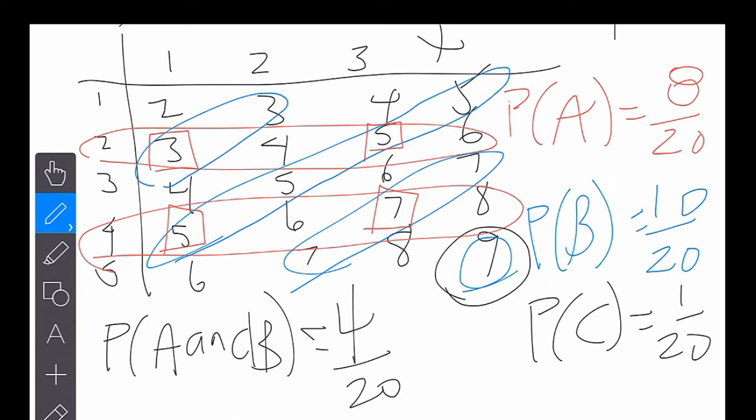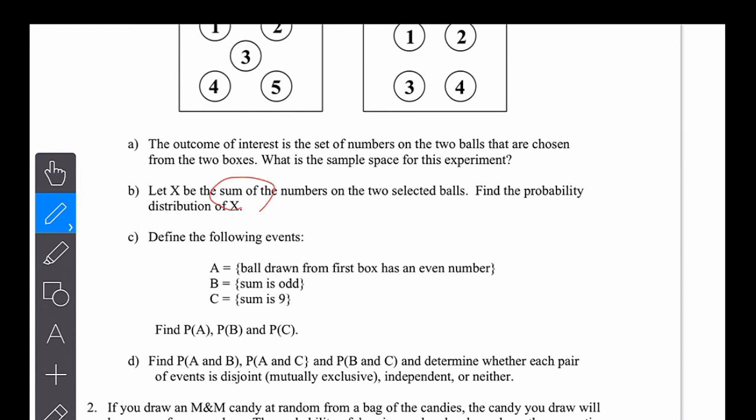The subsequent question is, after you found it, and we'll work with those other ones in a moment, determine whether each pair of events is disjoint or independent or neither. So another word for disjoint would be mutually exclusive. They share no common outcome. So how would I figure this out?